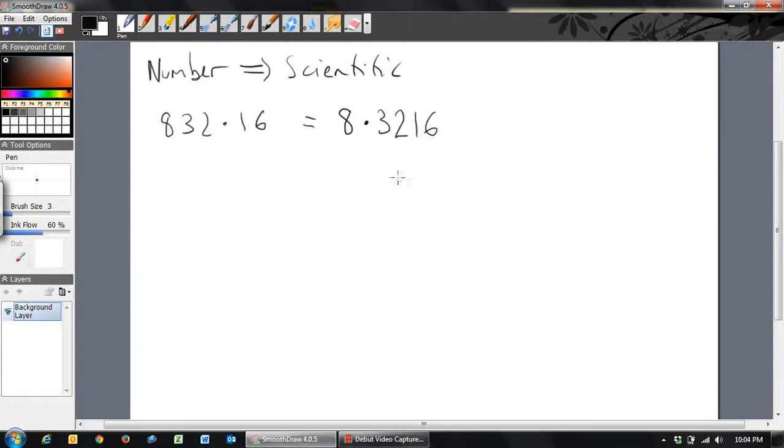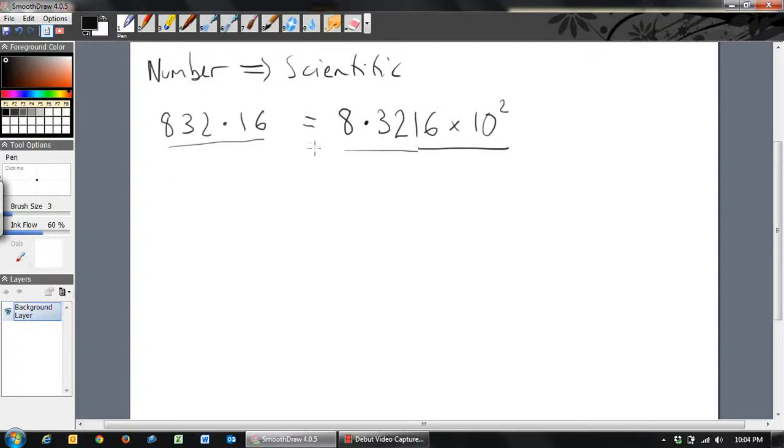What we've done is write this as a number between 1 and 10, and you just put the decimal place after the first digit. But we can't just write this. To make this equal to the original, we need to multiply by 100. We've moved the decimal place 2 spots, so we need to move it 2 spots to the right to get back to normal. Moving it 2 spots to the right means 10 squared.